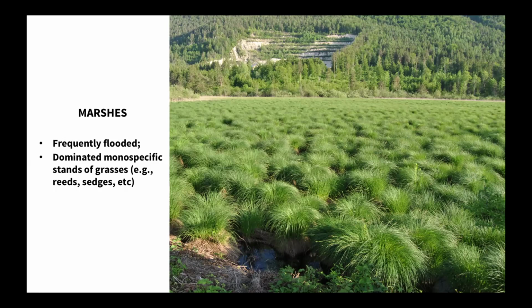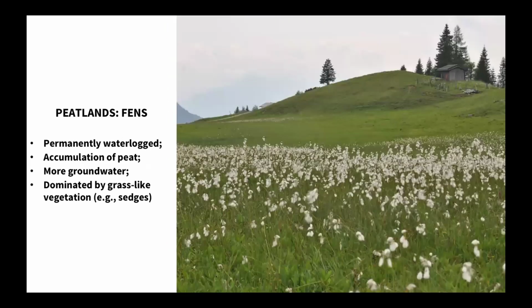So when you get to a place that is usually flooded, and then sometimes it's not, and you have a monospecific stand of usually tall grasses, it's most likely you find yourself in a marsh. Obviously, this is a simplification.